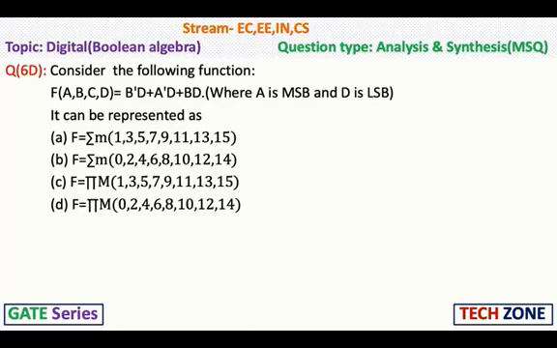Option B f = sum of minterms (0, 2, 4, 6, 8, 10, 12, 14). Option C f = product of maxterms 1, 3, 5, 7, 9, 11, 13, 15. Option D f = product of maxterms 0, 2, 4, 6, 8, 10, 12, 14.